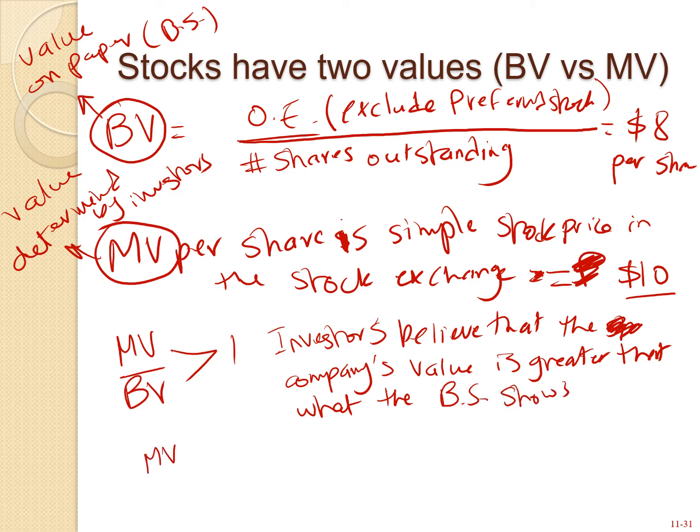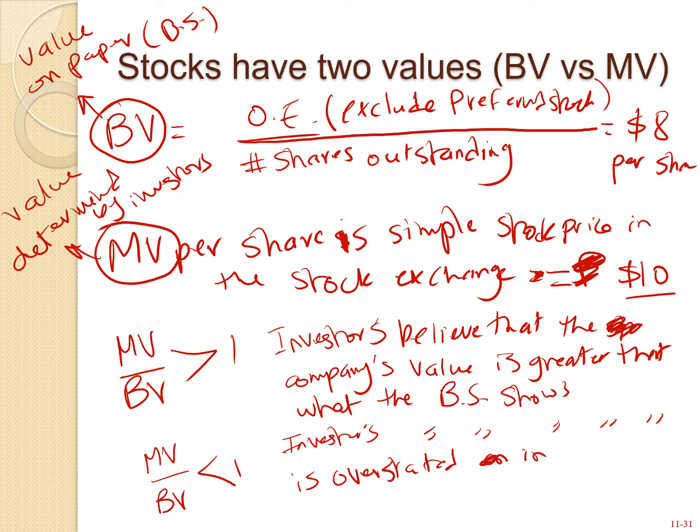If the market value to the book value is less than 1, that means that investors believe that the company's value is overstated in the balance sheet.